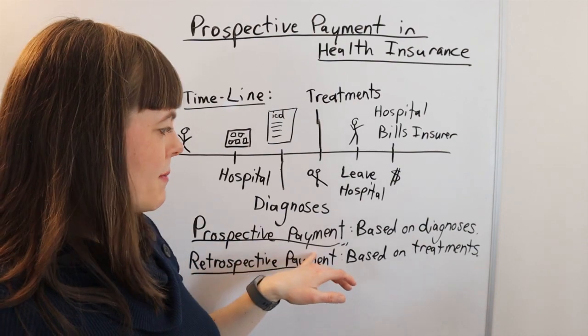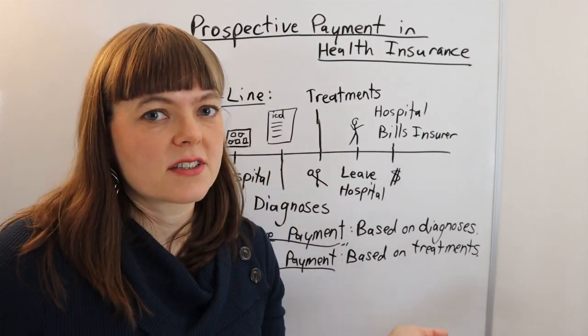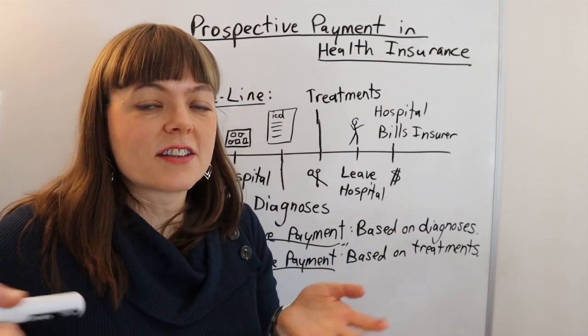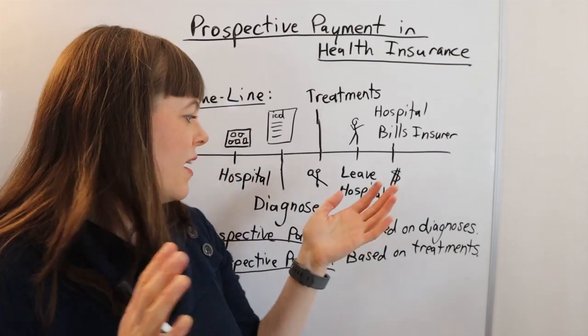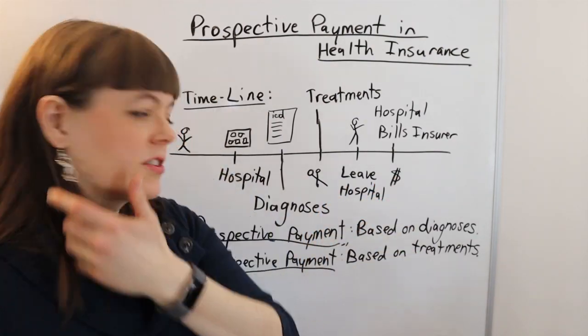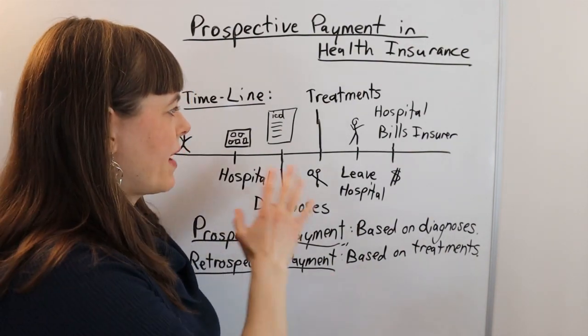So the prospective payment, the amount that the hospital gets, is based on the average patient. That average is calculated assuming 20% of patients in that category need surgery and 80% don't. So you can see with prospective payment, the risk is borne by the hospital.